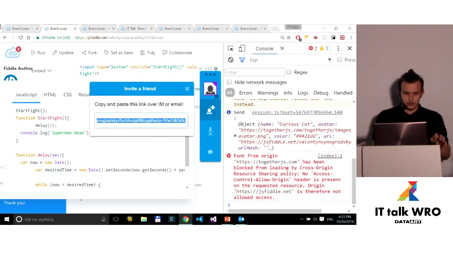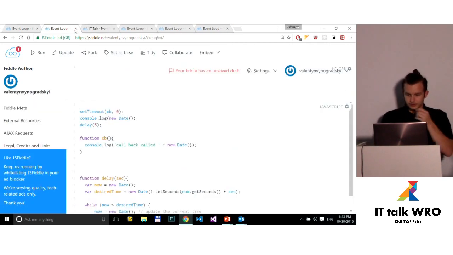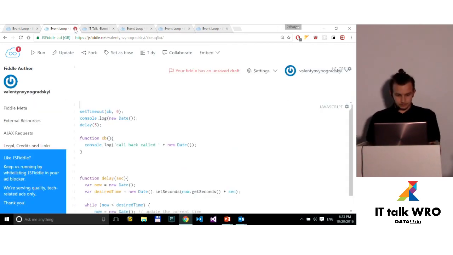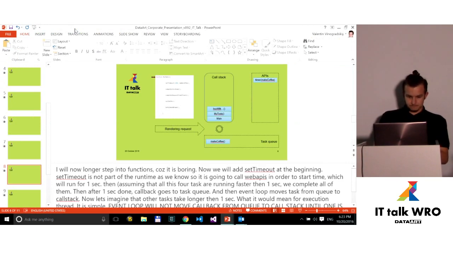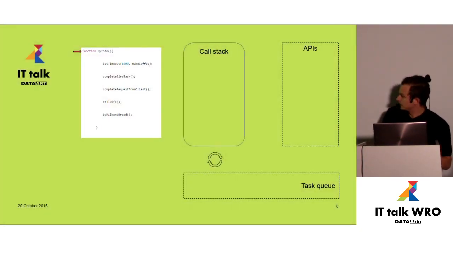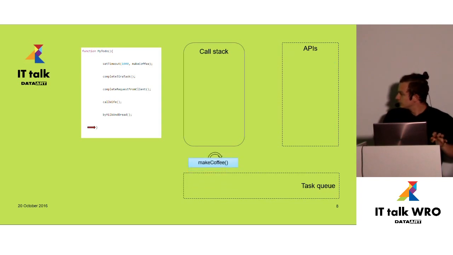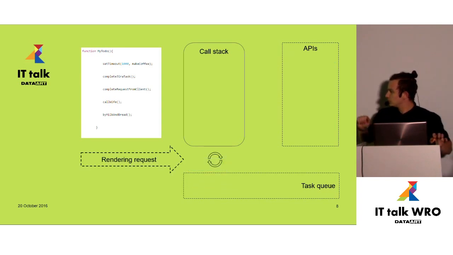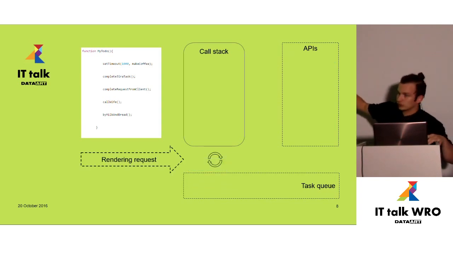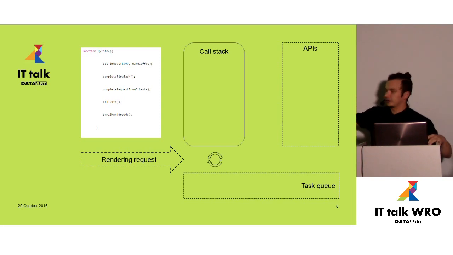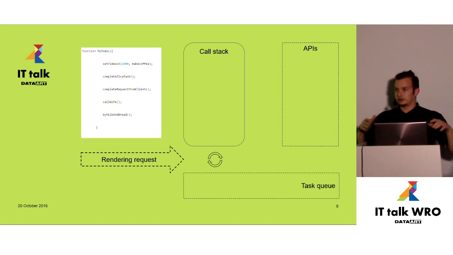I'd rather close this. It's not usable anymore. So what happened? Something in the call stack asks, can I render? No. Can I render? No. And for 10 seconds the UI is blocked completely.